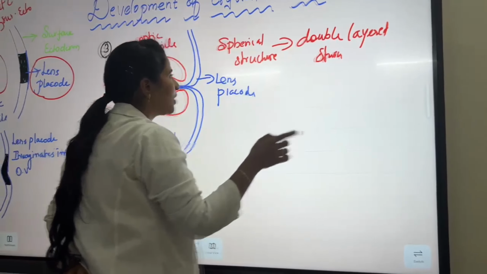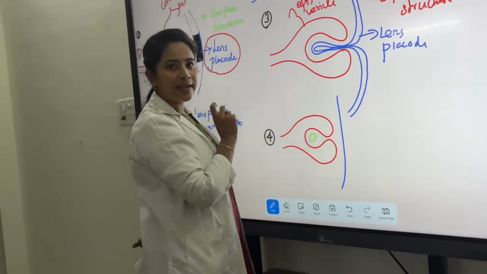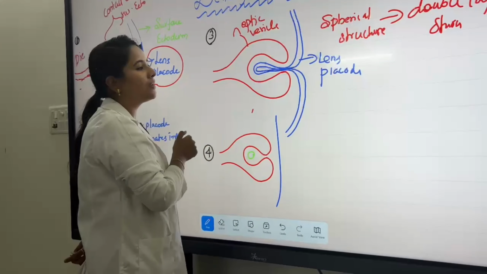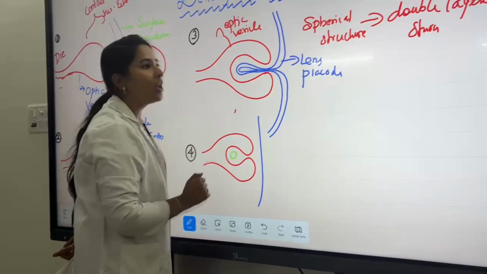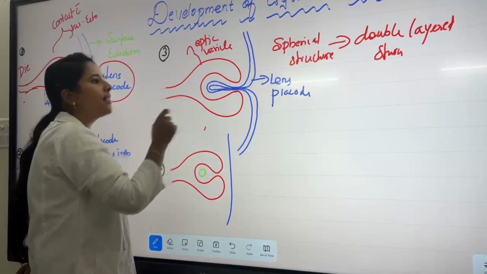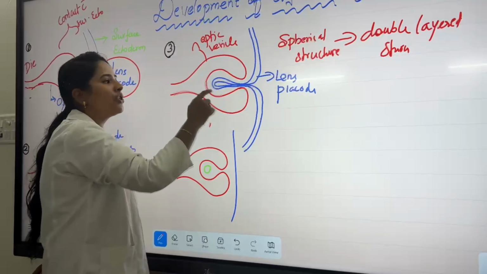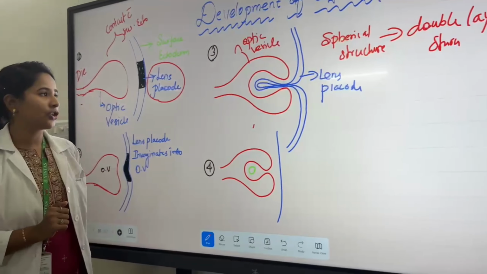Again I am repeating: this is the optic vesicle, and the surface ectoderm invaginates into it. The optic vesicle is already a spherical structure, and when the lens placode invaginates, it develops into a double layered structure.